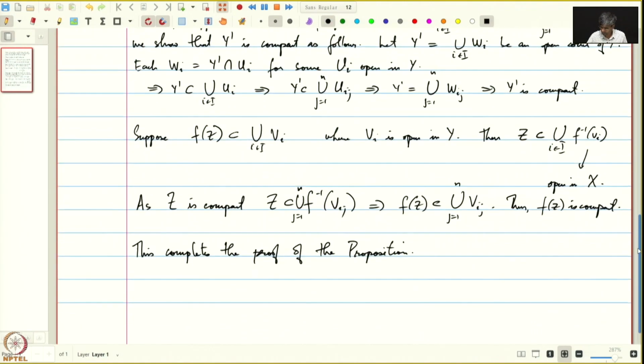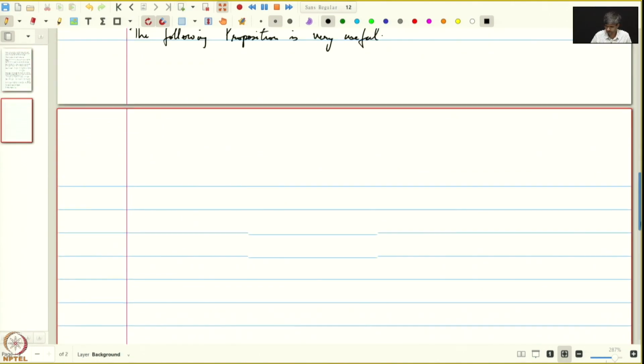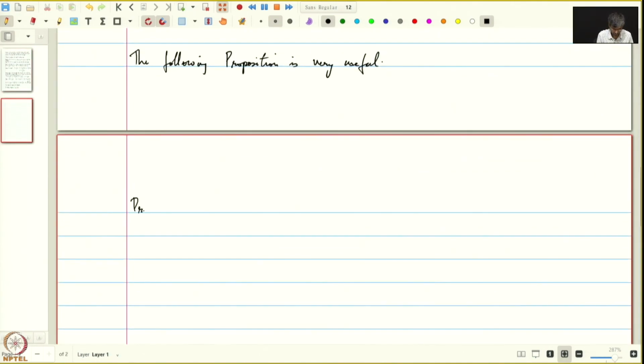Okay, and we will prove the following lemma. So the following proposition is very useful. Proposition: let f from X to Y be a bijective continuous map.